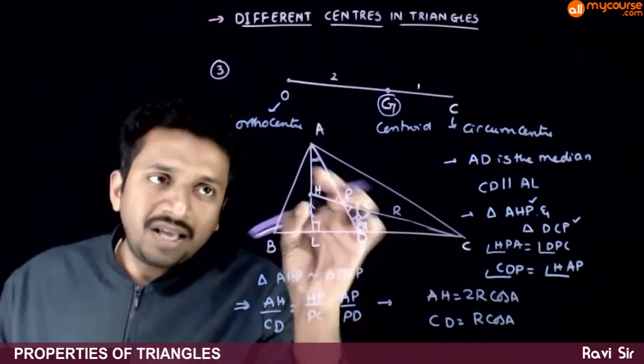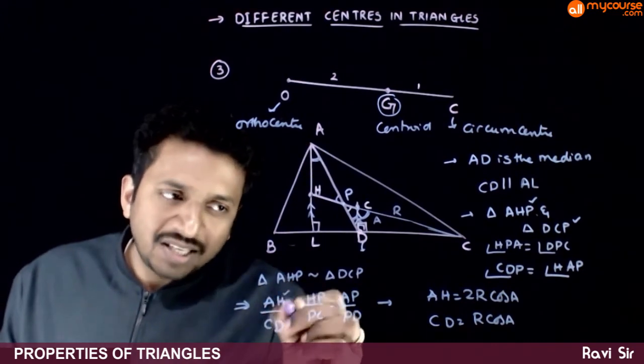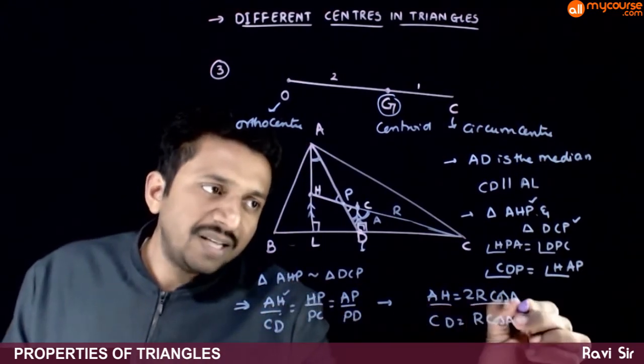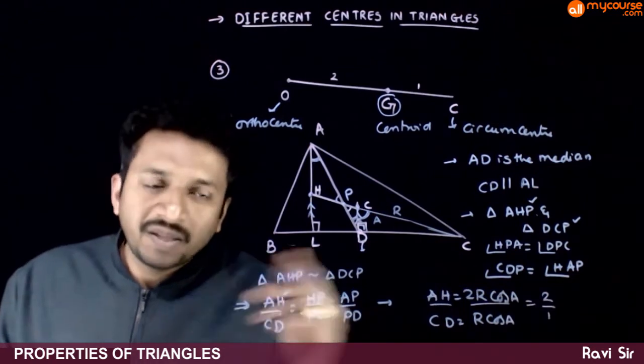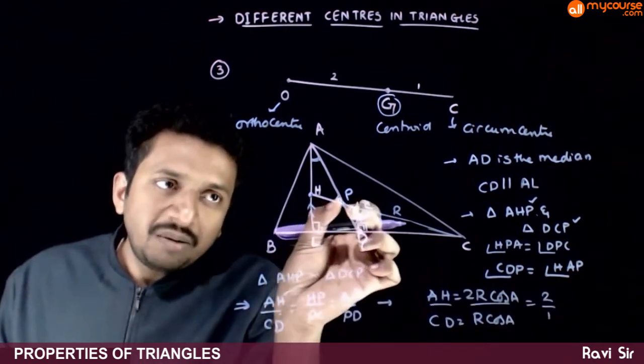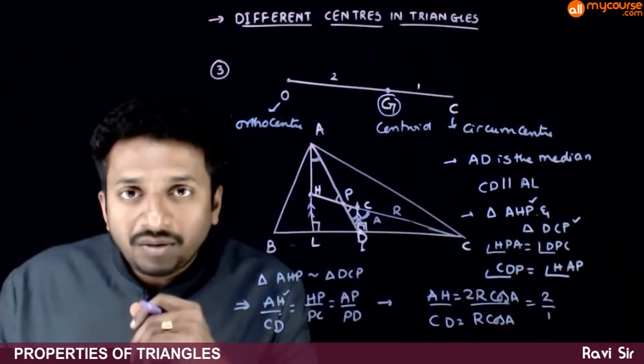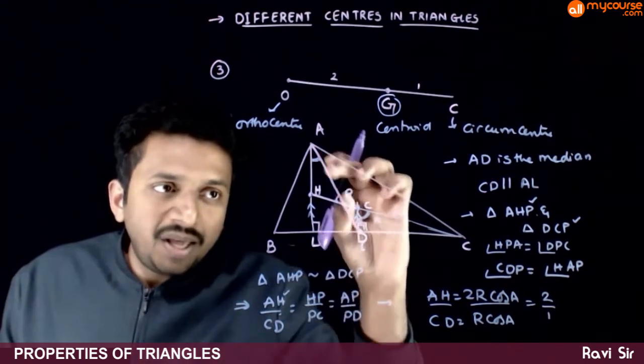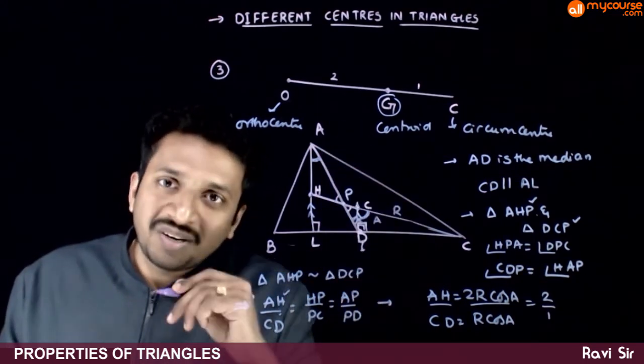So r cos A for CD, and 2r cos A for AH. So what is AH by CD? AH by CD is 2 by 1. That means HP by PC is also 2:1, and AP by PD is also 2:1.